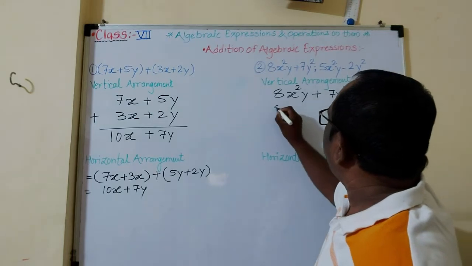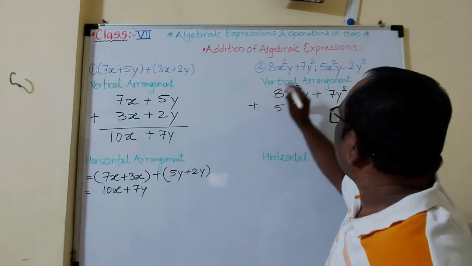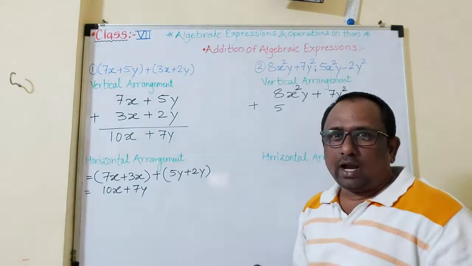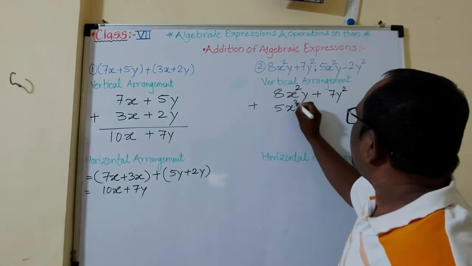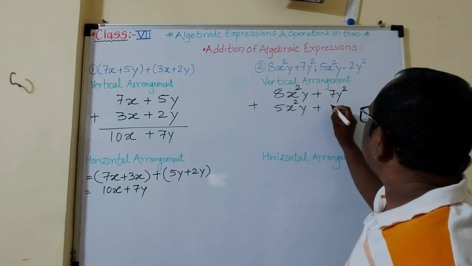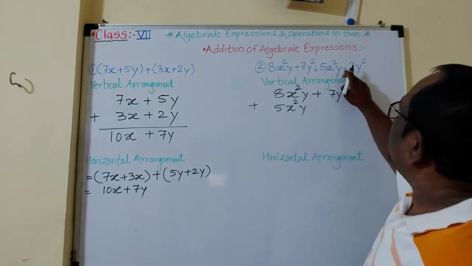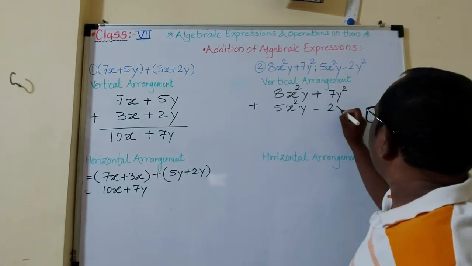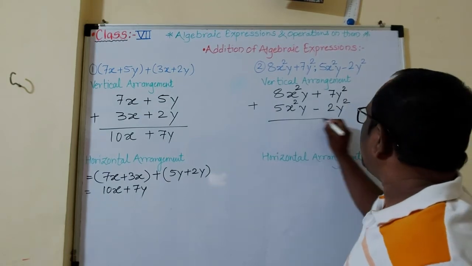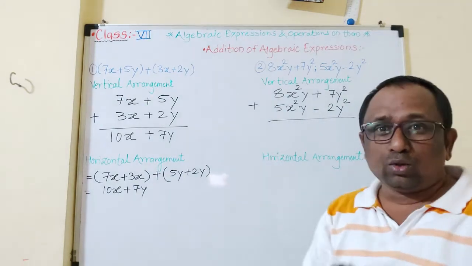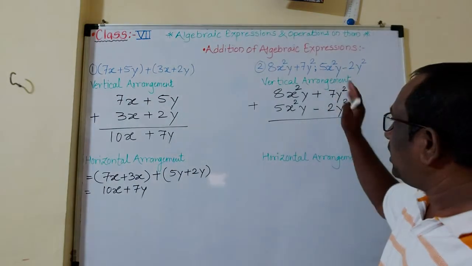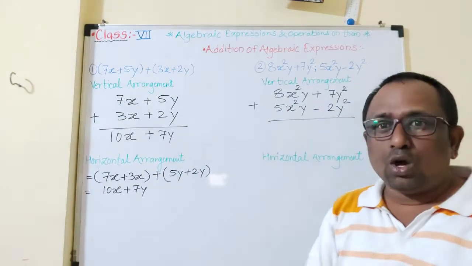Don't forget to give the plus sign, because we are solving addition examples. So 5x square y, and here a minus sign is given, so minus 2y square. Addition is given and we have to do the addition, but according to the signs given, we have to solve.